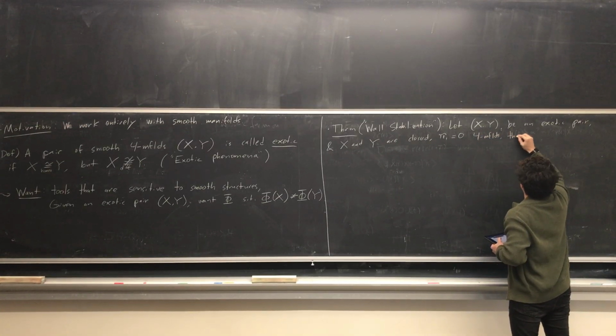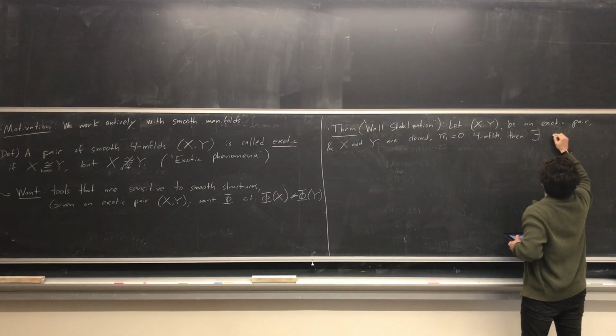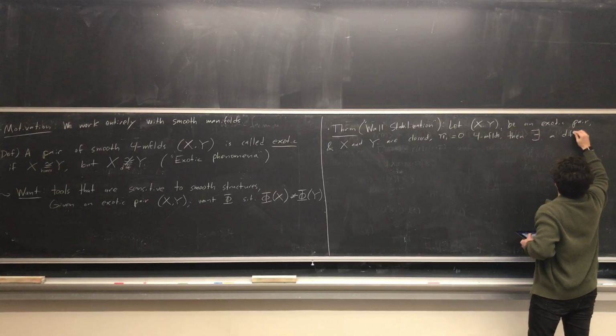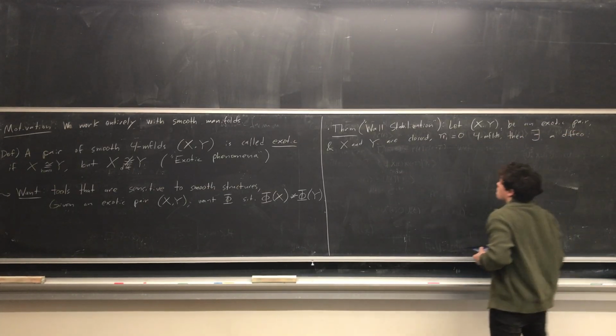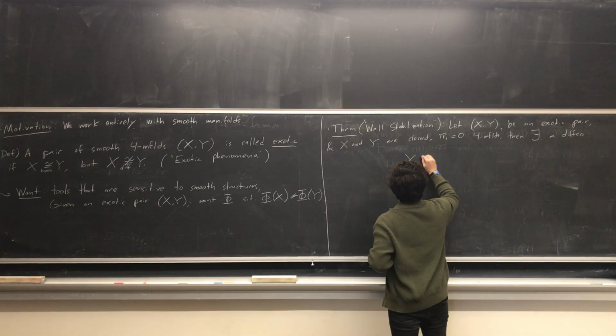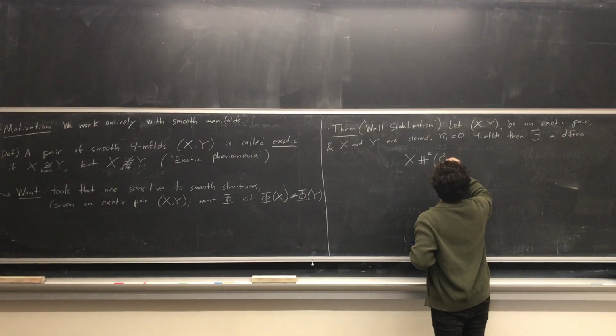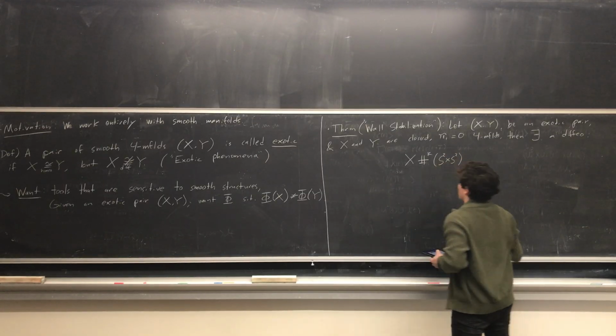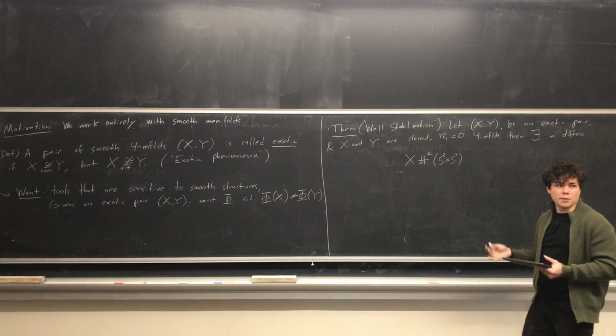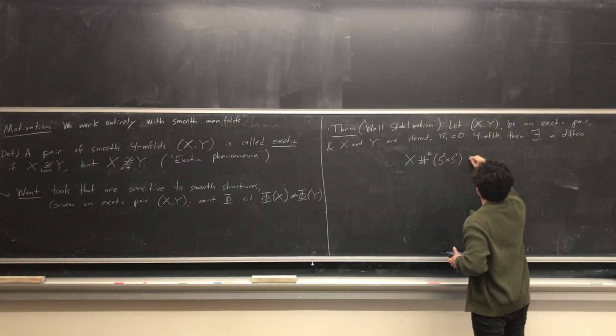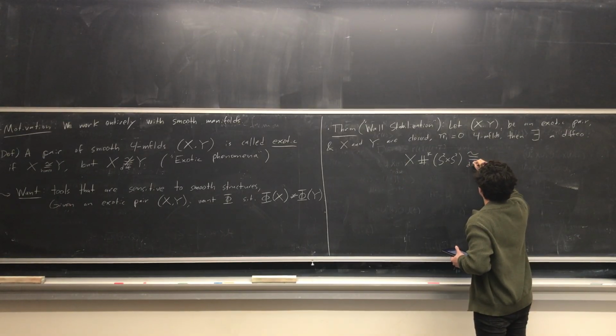Then there exists a diffeomorphism, so I'm taking the k-fold connect sum with a bunch of S2 cross S2s.